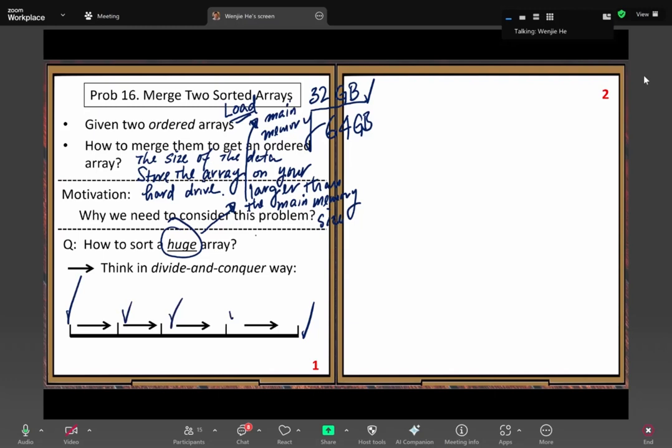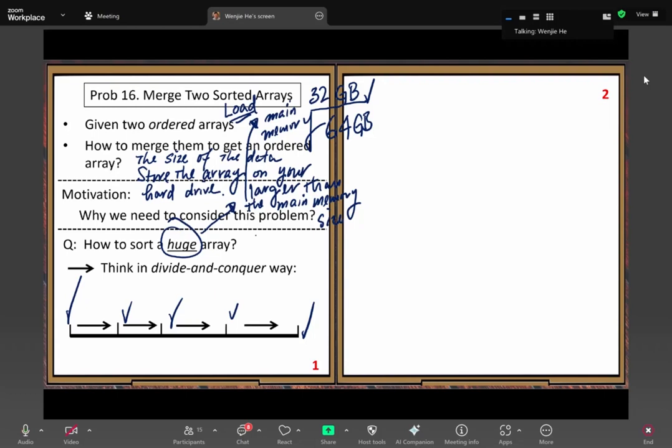That's no problem, right? So after we load it, then we sort it, then we export it. Because after you sort it, you need to write it on your hard drive. Store it on your hard drive temporarily, because that's the intermediate result. That's not your final result.